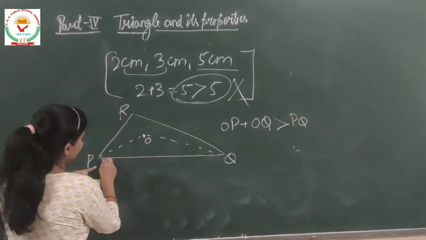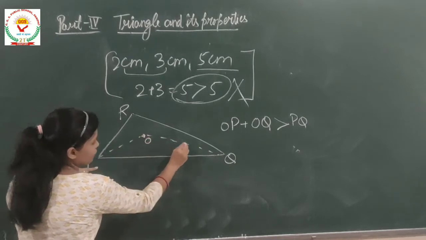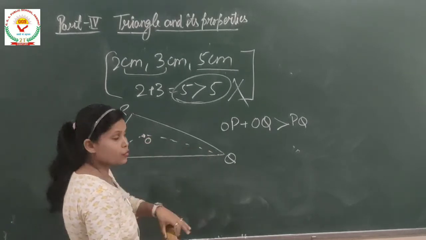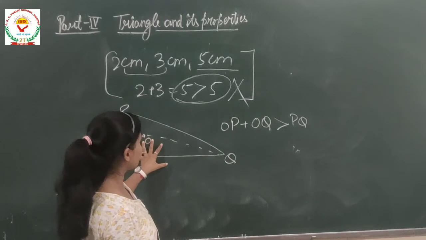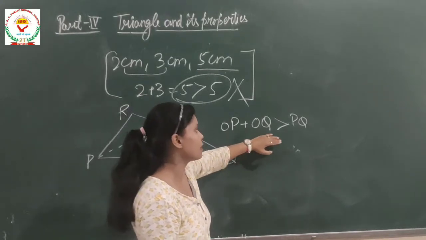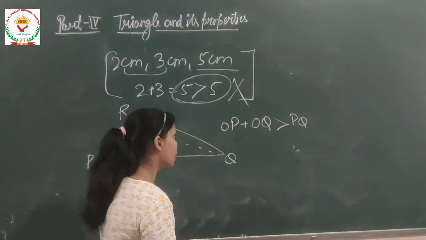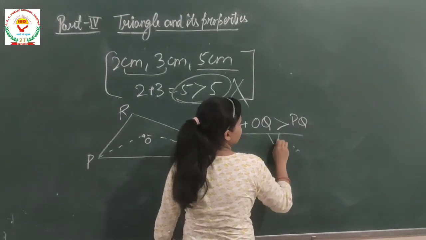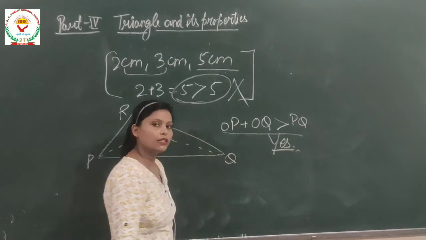This forms a triangle, and a triangle has the property that if two sides of a triangle are added, that will always be greater than the third side. So this condition is true for the triangle.